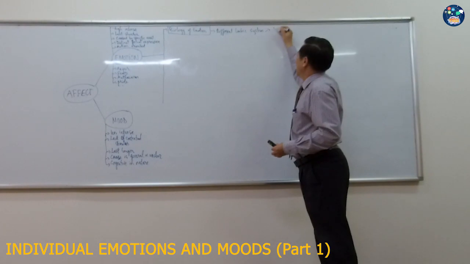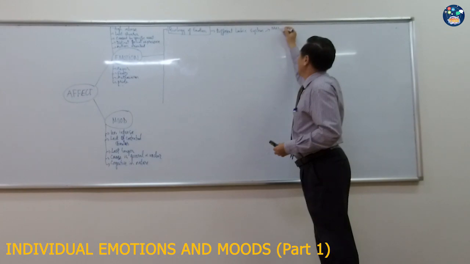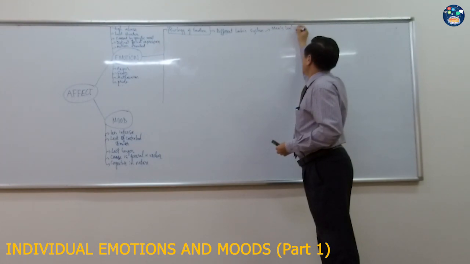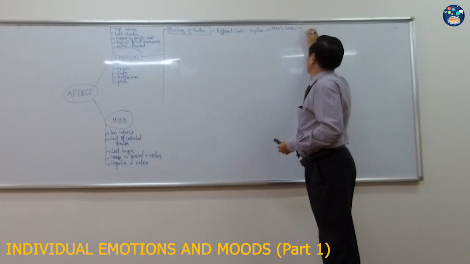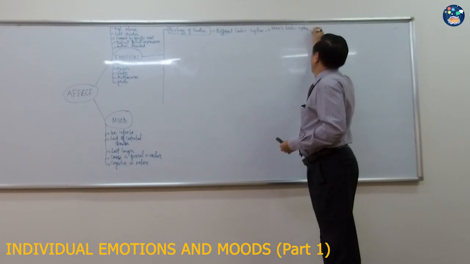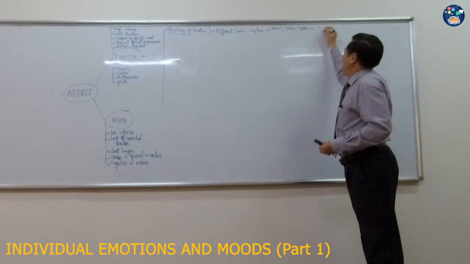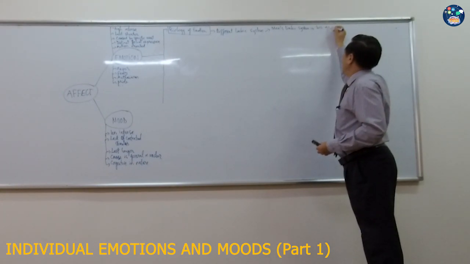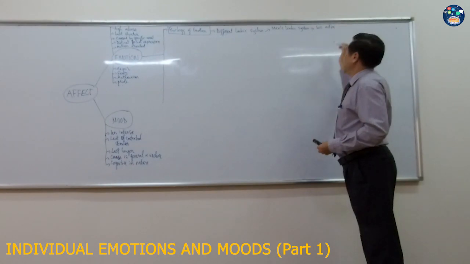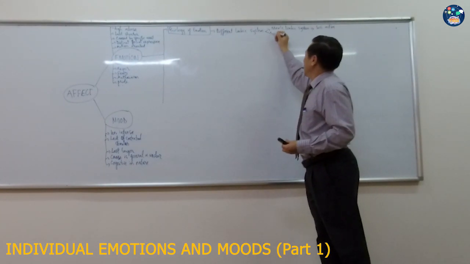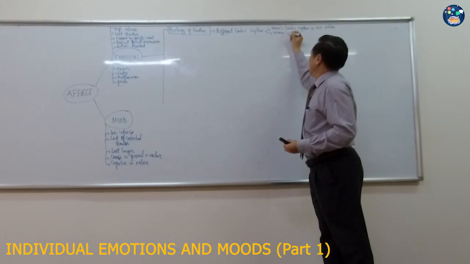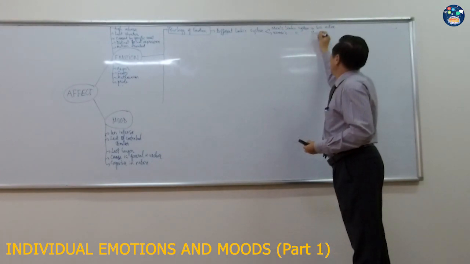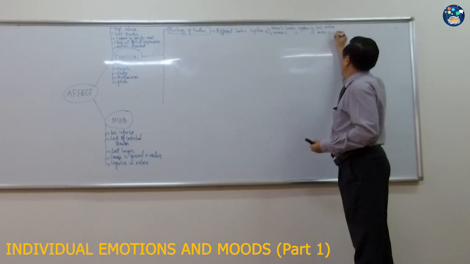For men, the limbic system is less active compared to women. Women's limbic system is more active.